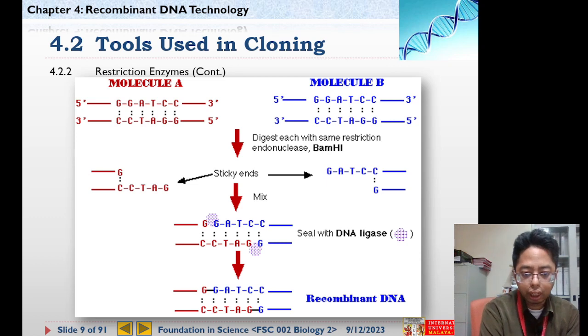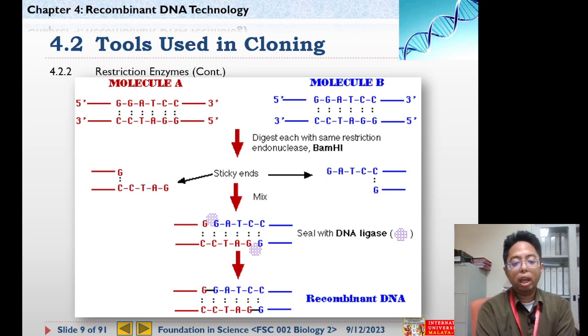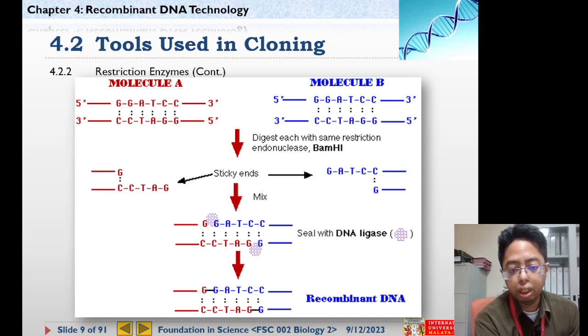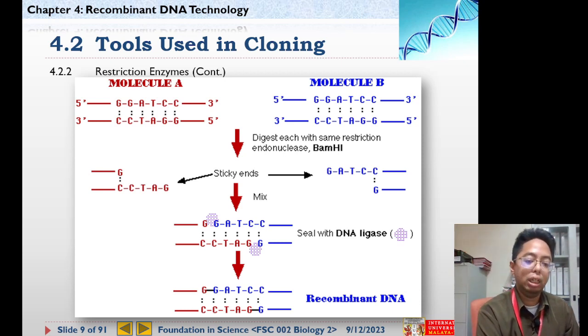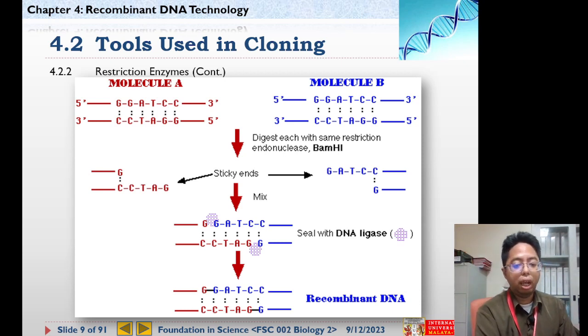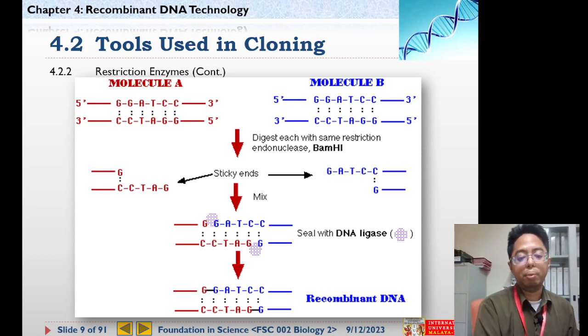If you can see here, the hanging ends, sticky ends, are actually paired with each other. The red one is CTAG. If you remember, C partners with G, T partners with A, and in molecule B, the partner is GATC. So they can easily be combined together with the DNA ligase to make a recombinant DNA.